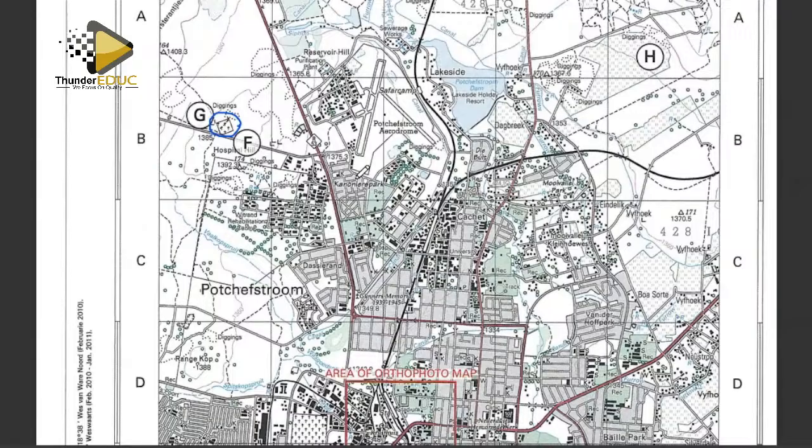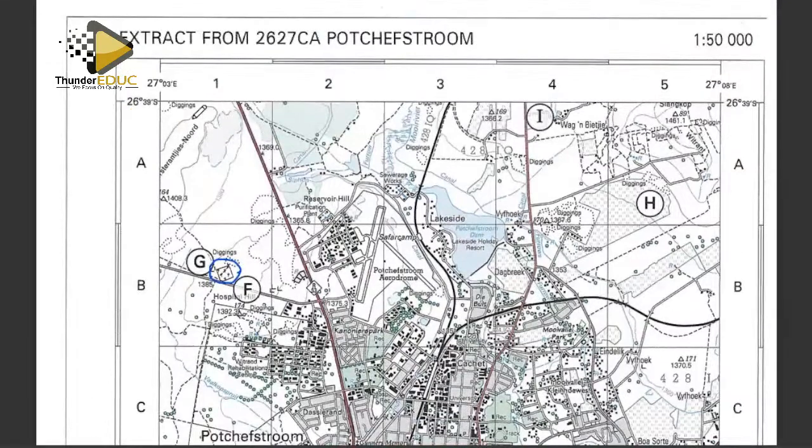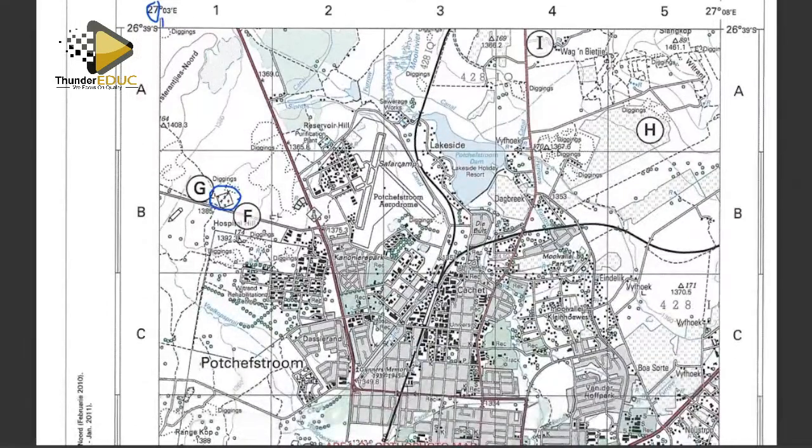Since you are provided with the longitude values, your longitude is 27, 03, 40, which means they are picked here, 27 degrees, and 03 is the first line where this symmetry is falling, and the longitude is 40 minutes, which means whatever measurement was taken from the edge of the map to the symmetry, it must give you a value of 40 minutes if you express it as a fraction of the total distance of the whole block.